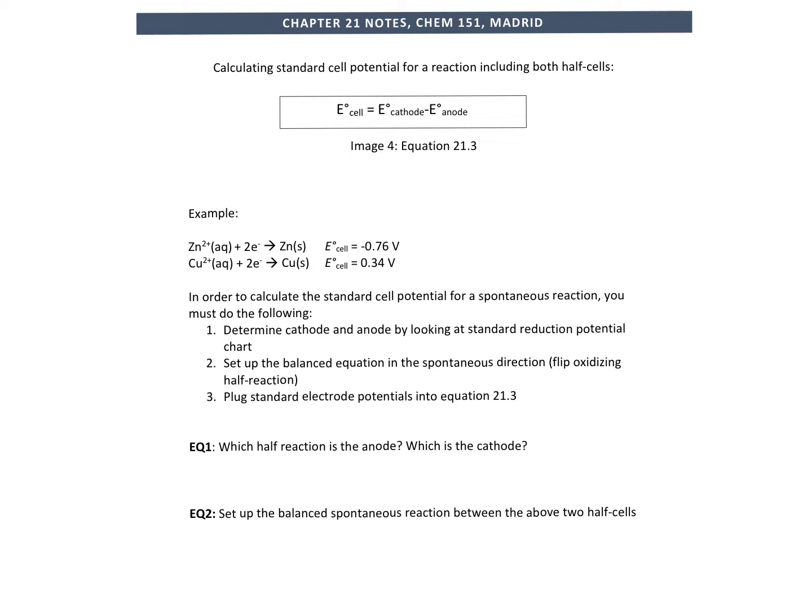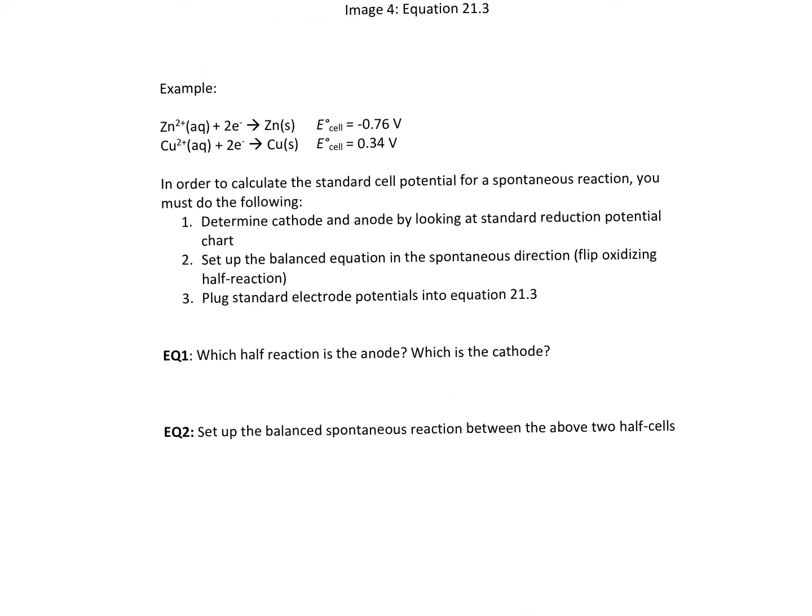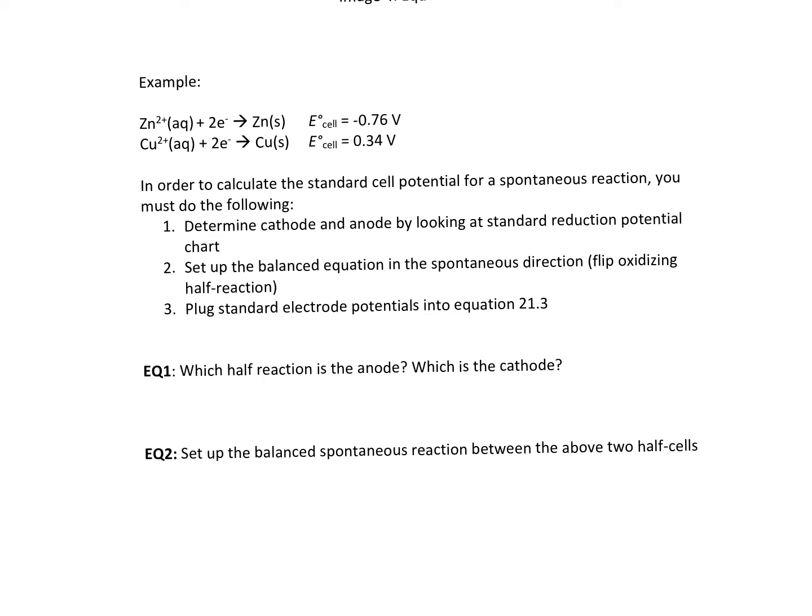That gives you the overall cell potential for a total overall reaction. So let's apply that. Let's keep our zinc and copper half reactions in our mind like we did in our previous notes.